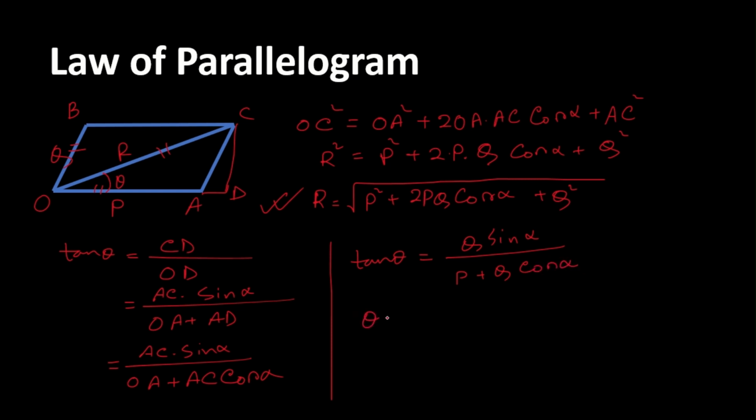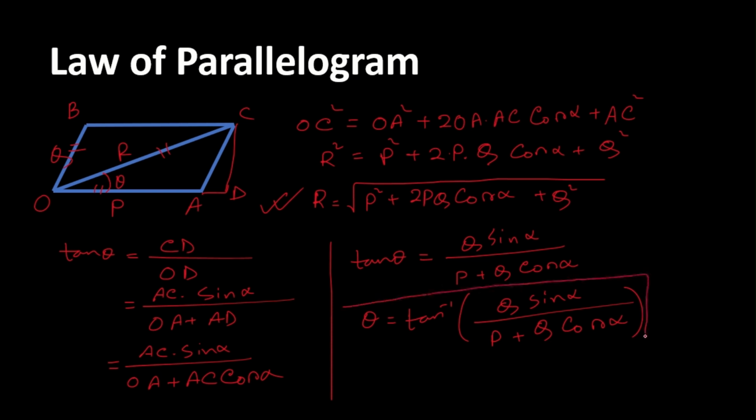Therefore, theta equals to tan inverse Q sin alpha by P plus Q cos alpha. So this formula is the angle of resultant. R is the magnitude and theta is the direction of resultant.